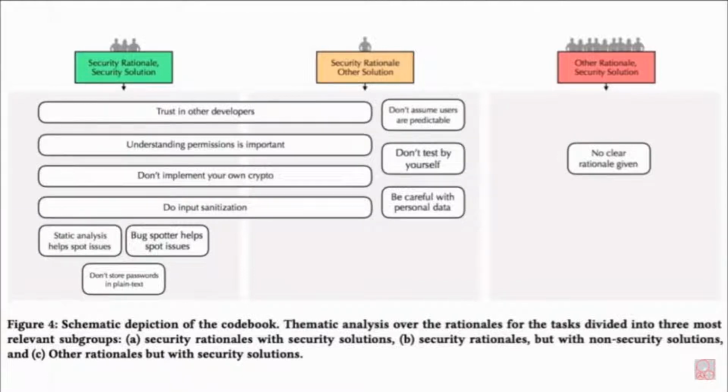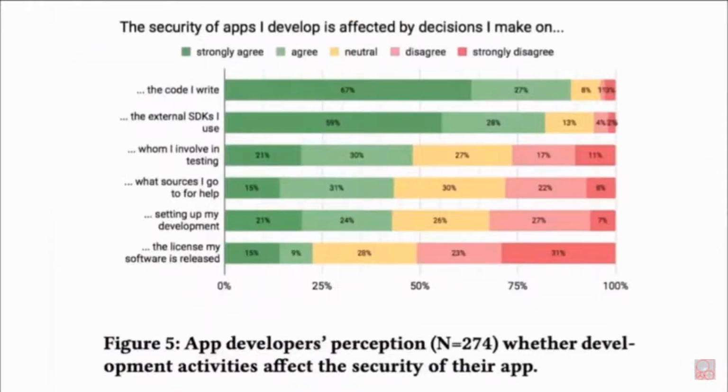Now, when we compare that to a wider cross-section of Android app developers and their attitude towards these different tasks and whether they think that this affects the security of apps, we see a rather similar approach.